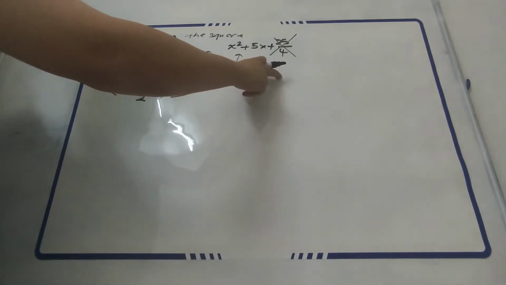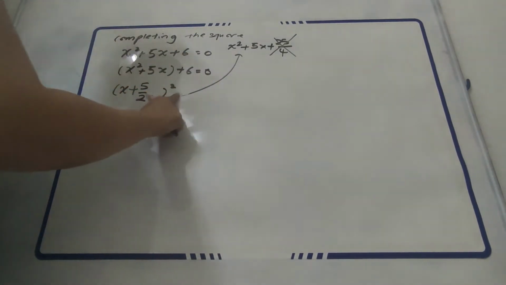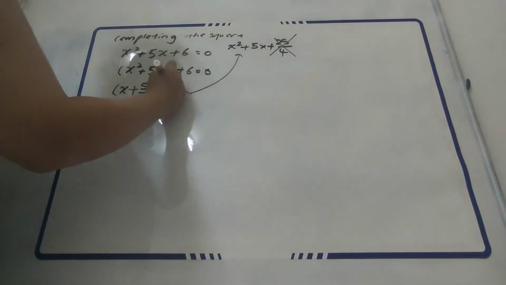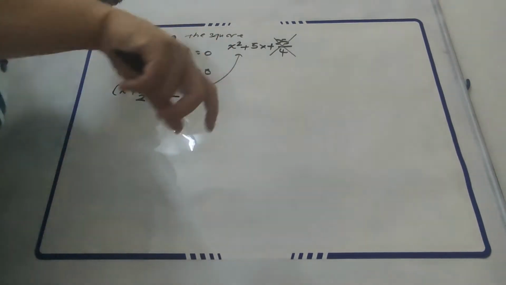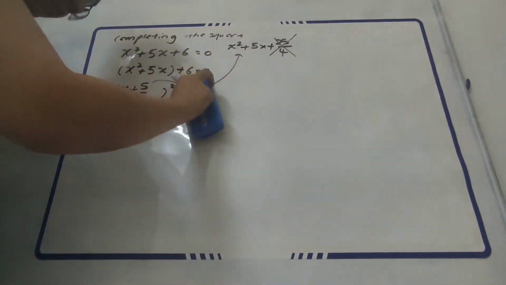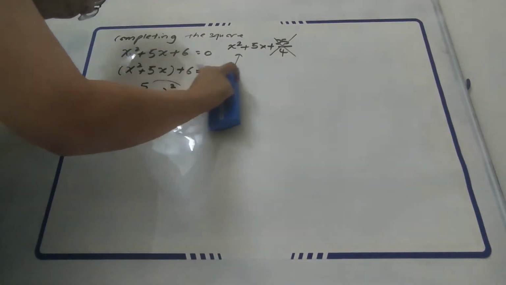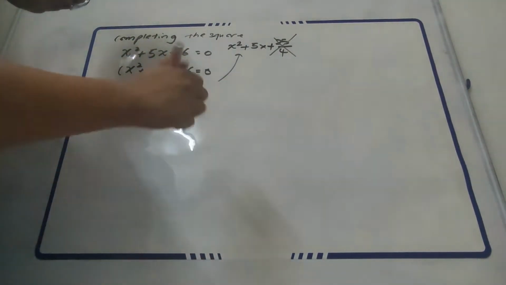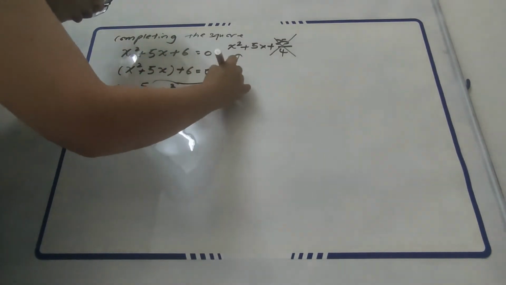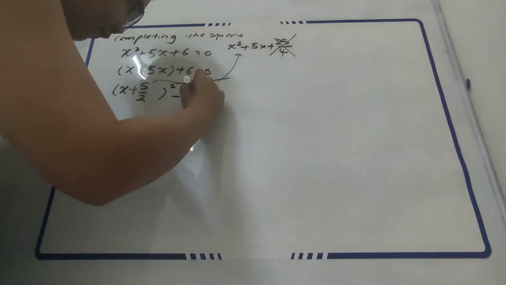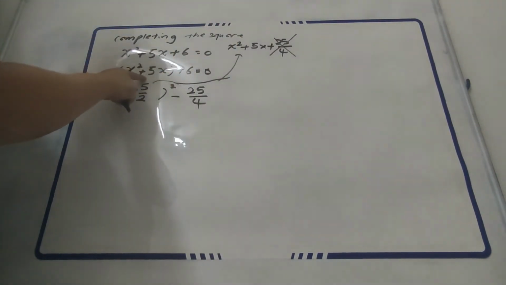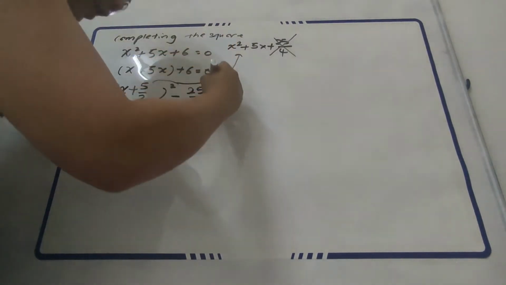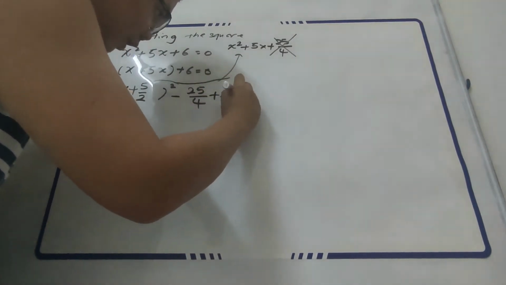So how are you going to remove it? You make it easy. You minus 25 over 4 to make this happen, and then plus 6 equals 0.